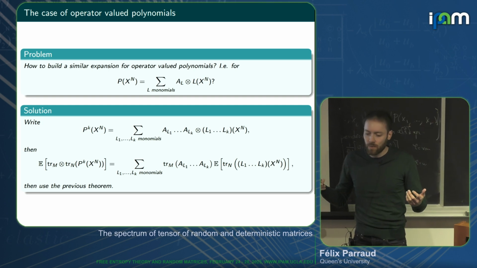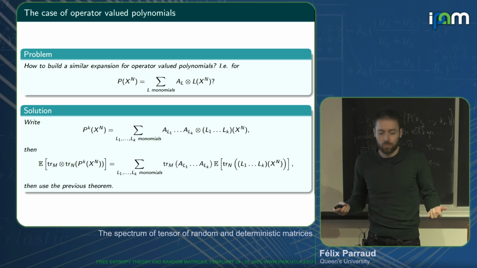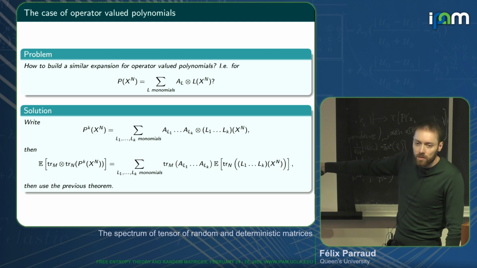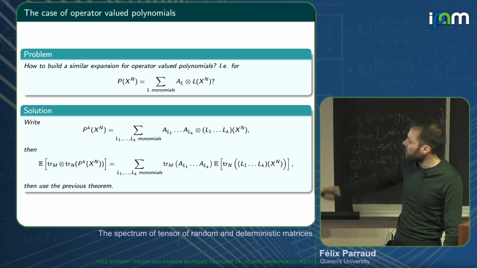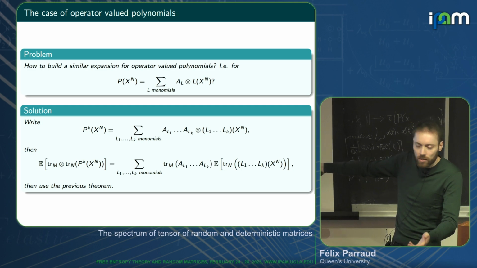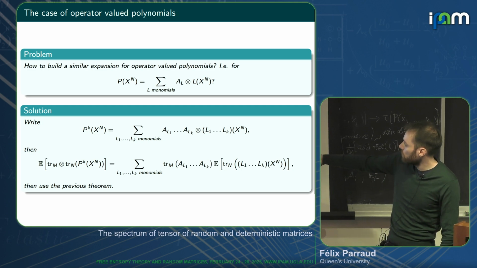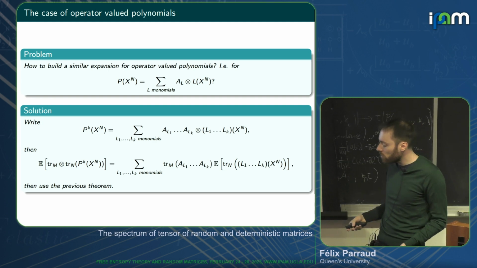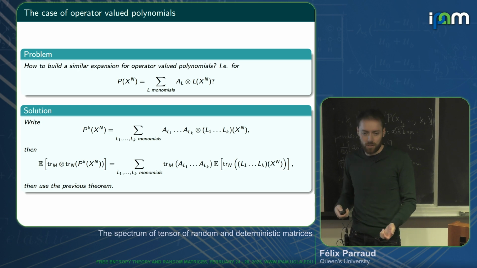Well, there is always the naive solution, which consists in saying that if you take the kth moment of your polynomial, this is just a sum over all of your monomials L1, L2, and so on, of the product of the A_L1, A_L2, and so on. Then here you've got a tensor, and you've got this other product of monomials L1, L2, and so on, that you then evaluate in your random matrix.